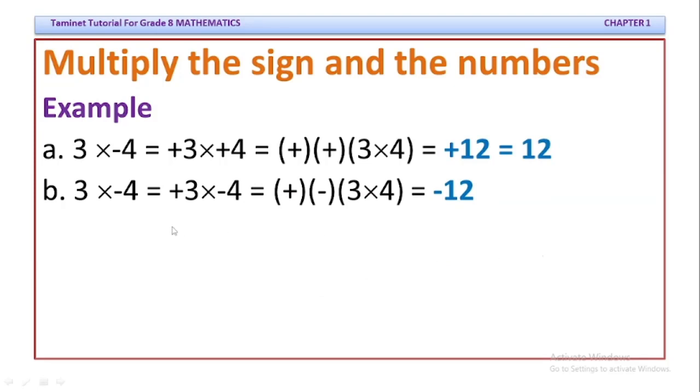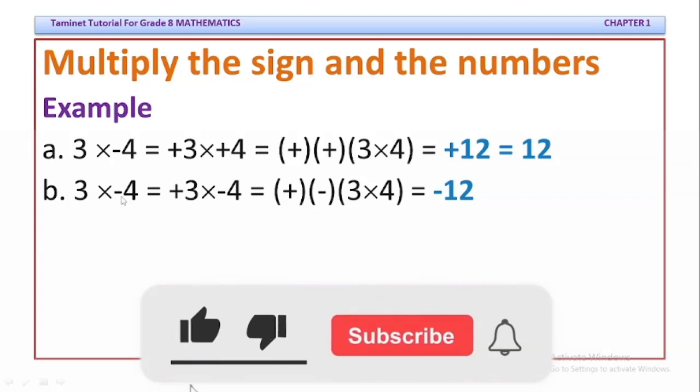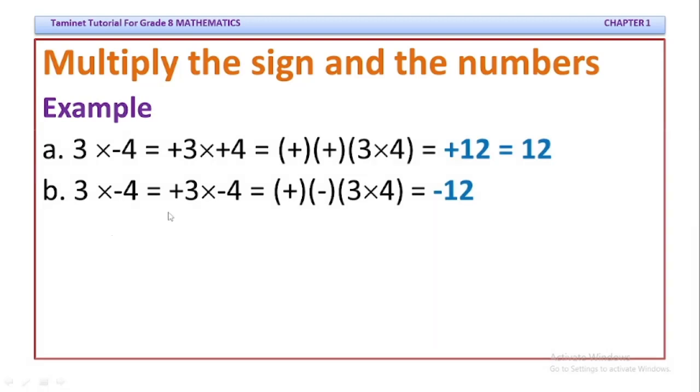Here, 3 times negative 4. Now this one is plus. Put in your mind this is a plus sign and this is negative. Now 3 means plus 3, and first take the sign product. Plus is from 3, negative is from 4, and multiply the numbers without sign.